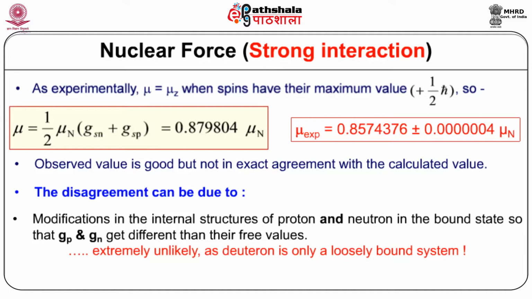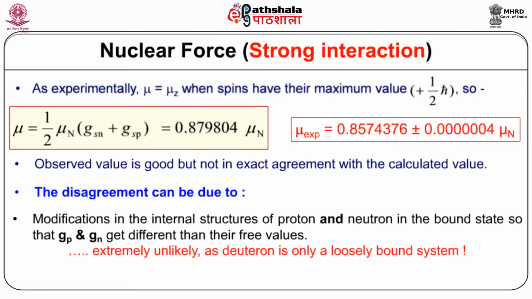This disagreement in the magnetic moment can be due to various reasons. One of the reasons can be modifications in the internal structures of protons and neutrons in the bound state, so that Gp and Gn get different values than their free values.